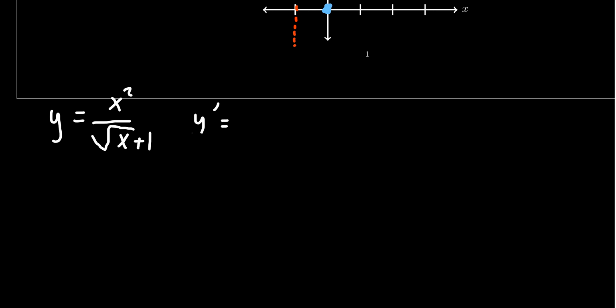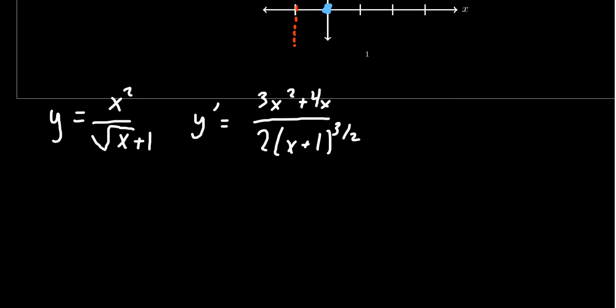But if we take the derivative, we're going to end up with 3x squared plus 4x over 2 times x plus 1 to the 3 halves, like so. There's some details there, and I apologize for not doing all the details, but that's going to be the usual quotient rule type of thing.